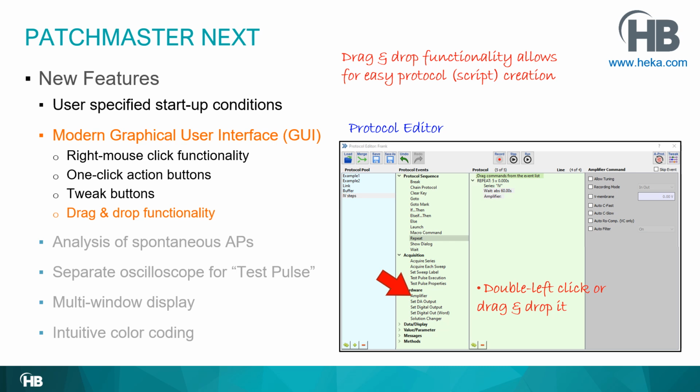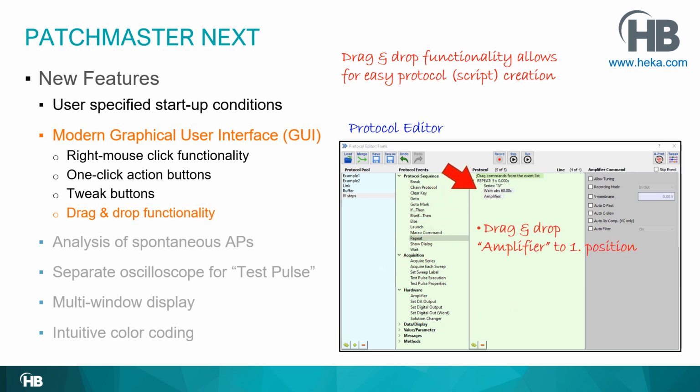I actually would like to update the serial resistance, which is automatically saved, of course, with the metadata, before the series recording. To do this, I would grab the amplifier command and drag it into the first position. And now I can tell the software what I want to do with this amplifier command, and I just check the See Slow button.